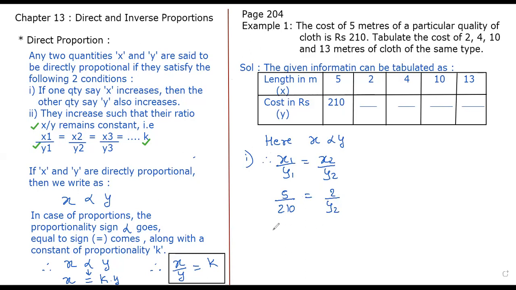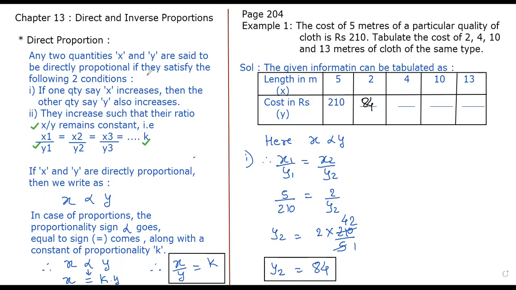Cross multiply and get the answer. y2 is equal to 2 into 210 upon 5. This 5 goes at the denominator. 5 ones are 5, 5 fours are 20, 200 upon 5 is 40, and the remaining 10 upon 5 is 2, so it is 42. So 2 into 42, your y2 would become 84. Are you understanding? Immediately highlight your y2 and in place of y2 with the pencil itself, you will put 84.